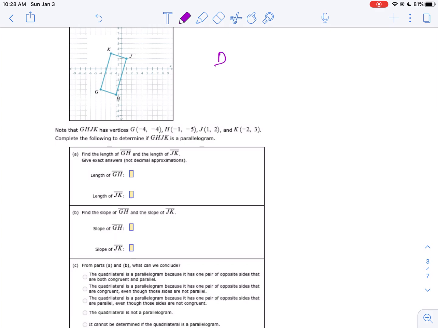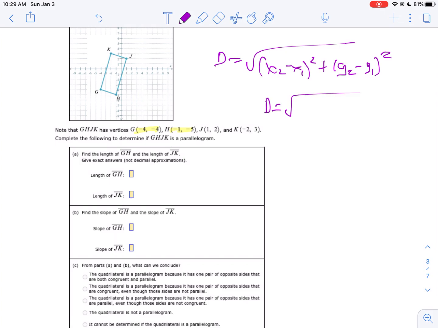Well, remember, distance is you subtract the x's and square them. Subtract the y's and square them. Add them together and take the square root. So we're going to look at G, which is -4, and H. So if we do our work here, I think you had this one right.